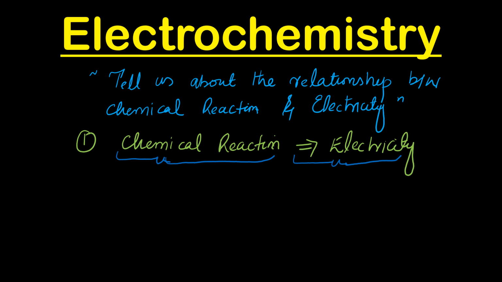In a chemical battery, chemical reactions take place, and due to these reactions charges or electrons start to flow in a circuit and they create electricity.